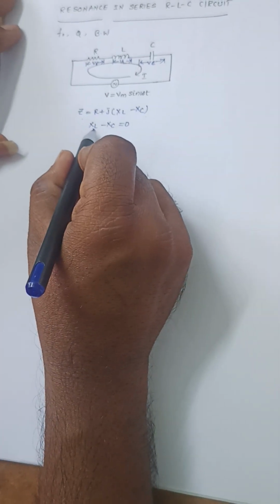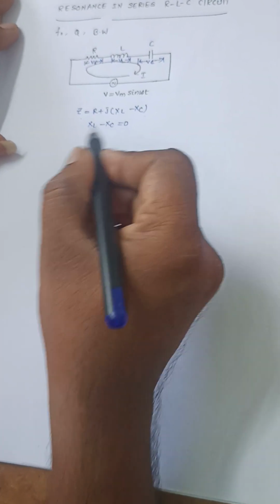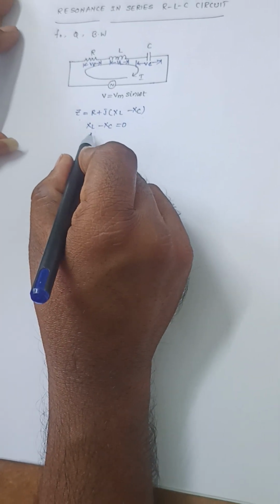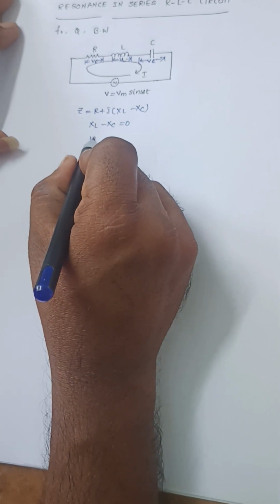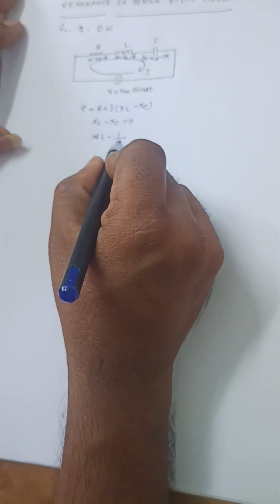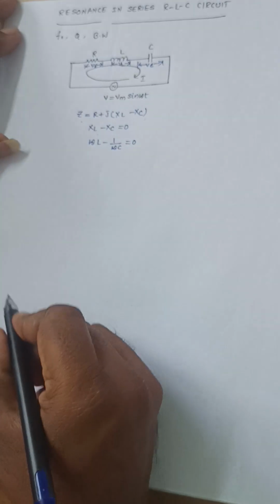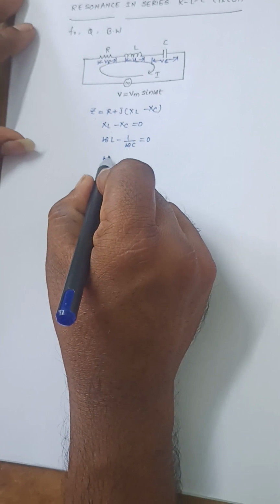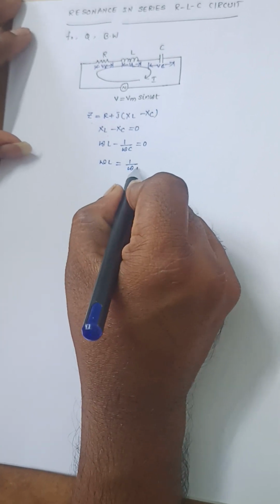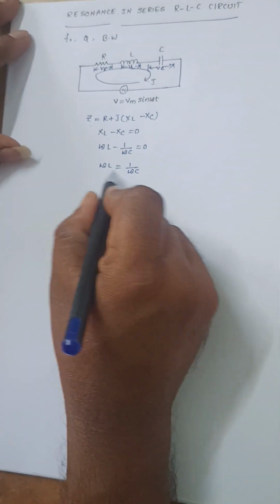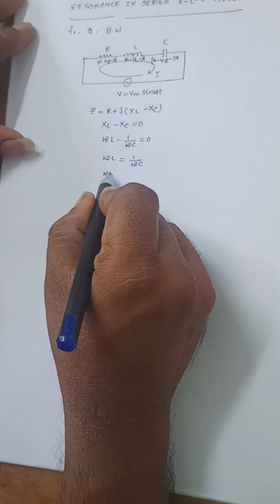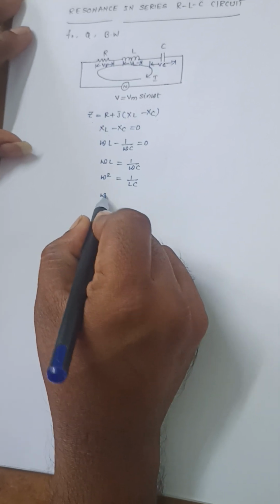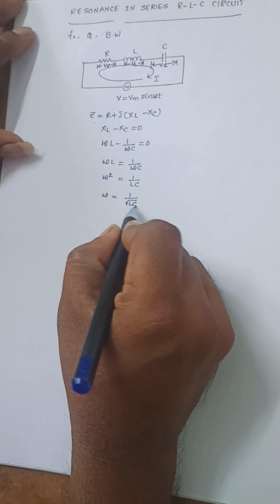If we equate XL - XC = 0, from this we can get the resonance frequency. XL is nothing but omega L, and XC is 1 by omega C, so omega L = 1 by omega C. If I cross multiply, omega squared = 1 by LC, so omega = 1 by root LC.